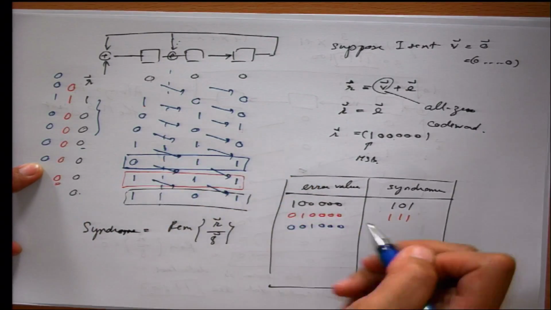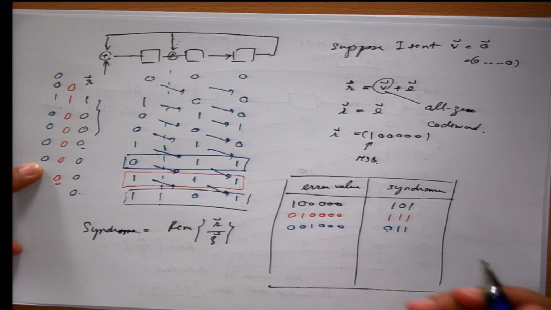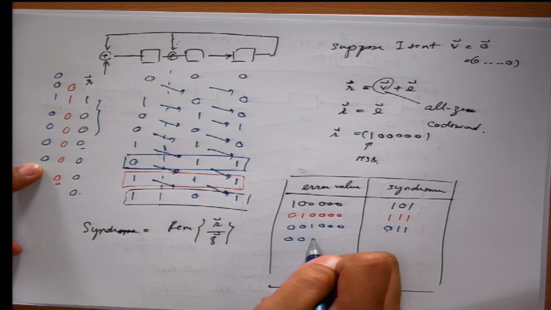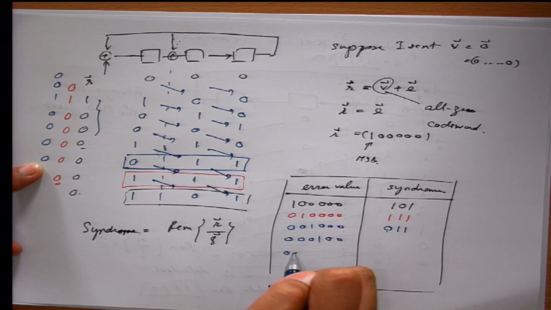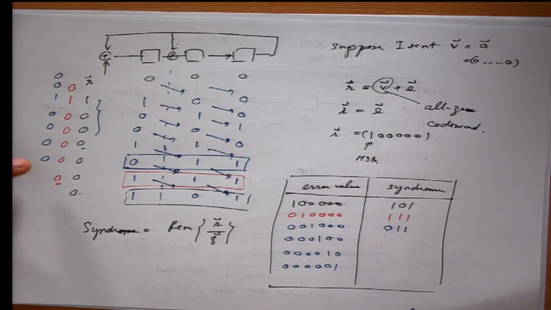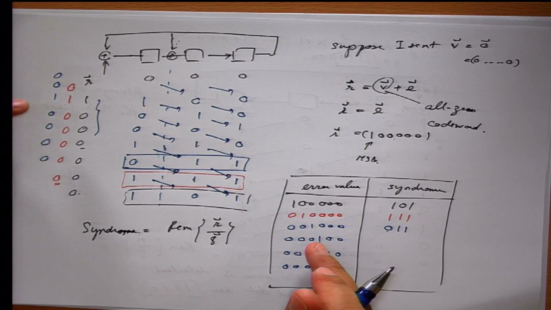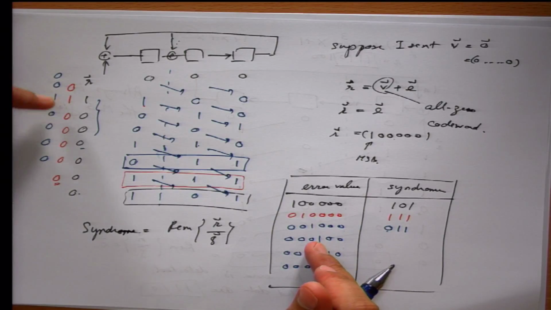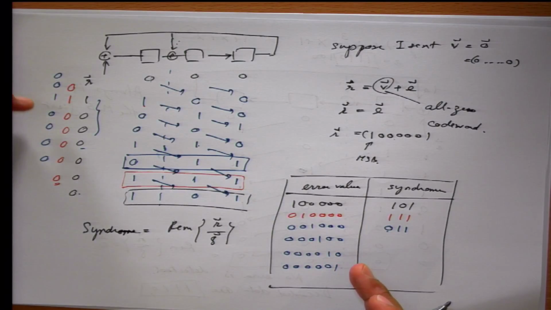I will get 0, 1, 1. You may be able to guess the next value. So the next value, when I put 1 over here, and I have 2 zeros.